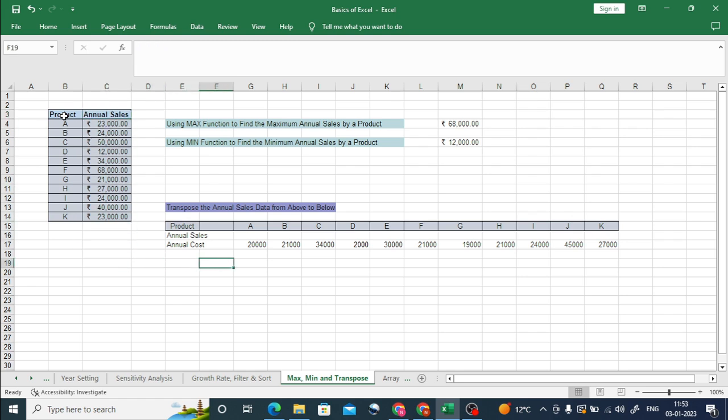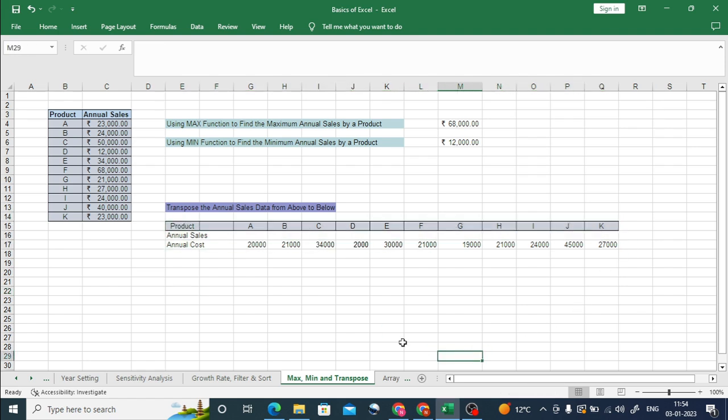Now if you look below over here where the cursor is, you can see that we have the product A, B, C, D, and it goes on, and we have the annual sales below it, right? So how can we put this particular data which I've just selected into this format which I've just selected?